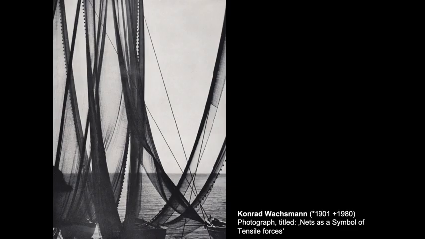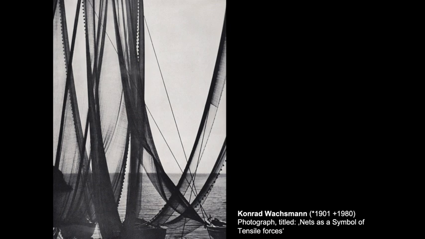I'd like to come back to this picture I showed you before in the last lecture. Konrad Wachsmann took a photograph of this fisher net, and if you look carefully you can see it's a kind of flexible network, and it shows also the parabolic ideas.